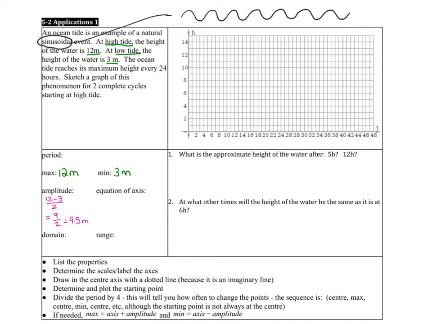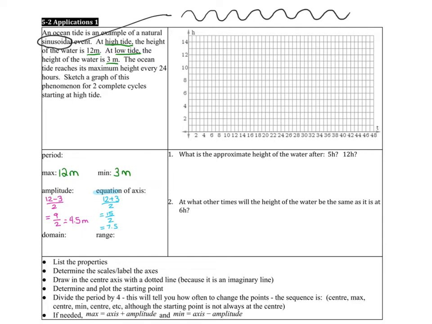The equation of the axis is max plus min over 2, so 12 plus 3 over 2. So that would be 15 over 2, which would be 7.5. And remember that you need it to be an equation.